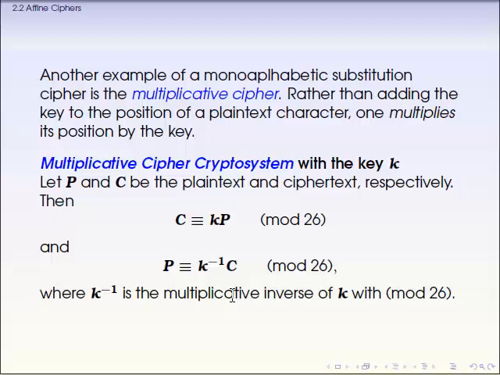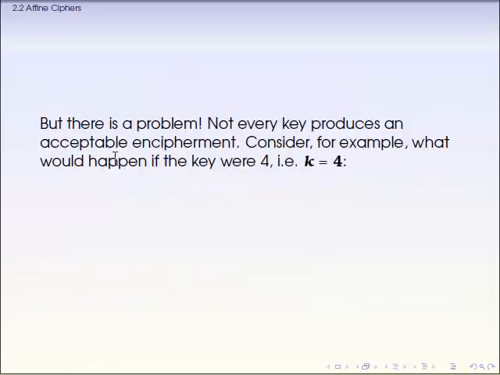So one possible question here is how many keys are possible for this multiplicative cipher in the English alphabet. Please think about it.